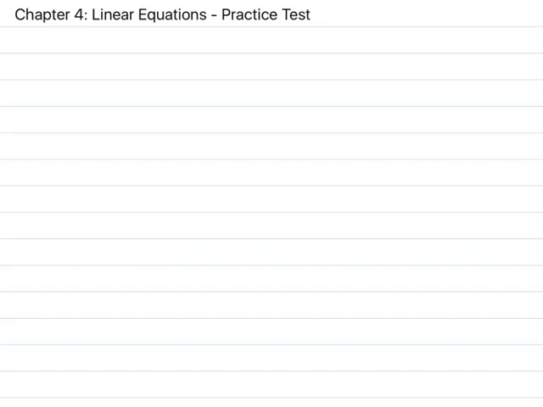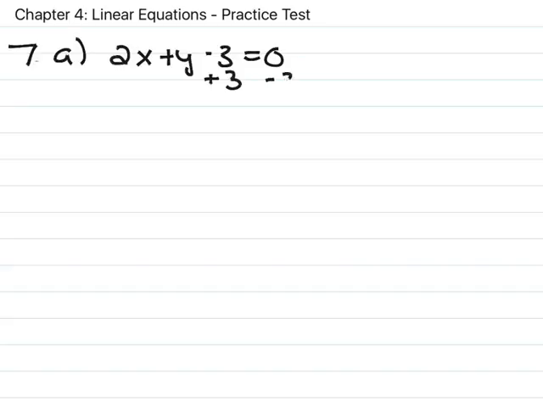So question 7 is looking for doing the same thing as question 6, however, we're not given graphs, we're just going to do it algebraically. So 7a, you have 2x plus y minus 3 equals 0. So rather than ending up with a negative y, I'm going to move the other pieces over to the right hand side.